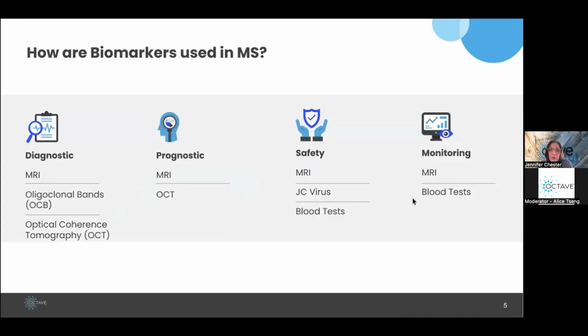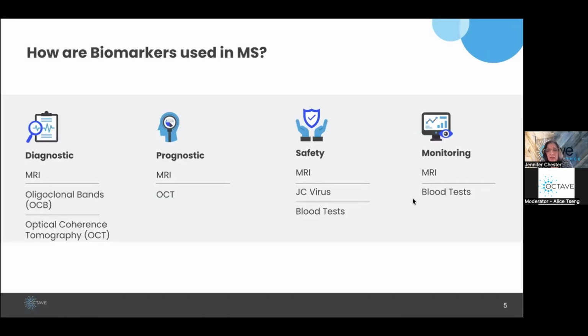This helps confirm the diagnosis of MS because many patients with MS do have oligoclonal bands. Next is optical coherence tomography, that's called OCT. If you see an ophthalmologist or a neuro-ophthalmologist, they're going to do an OCT that looks at the retina of your eye, and that again will help us confirm whether there is a diagnosis of MS or not.